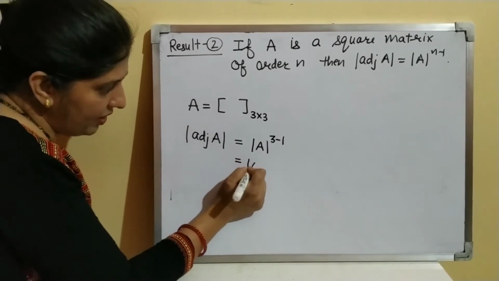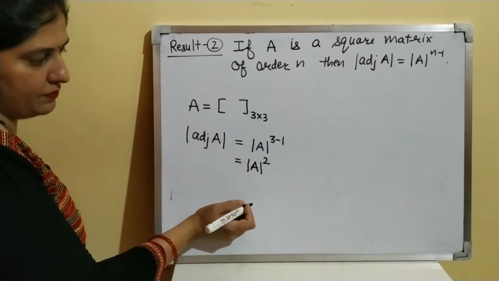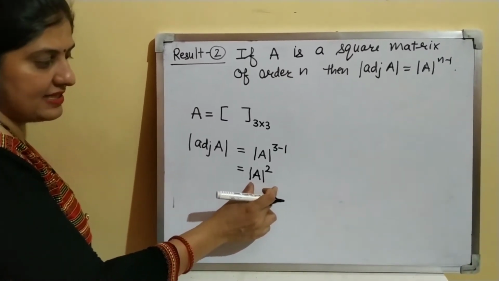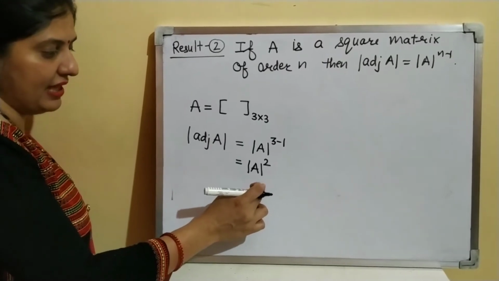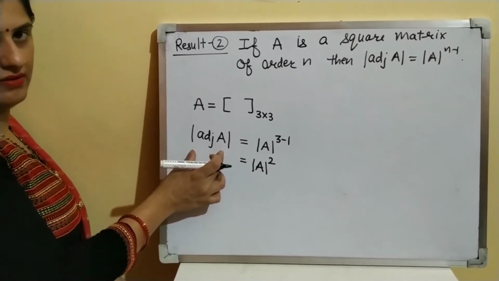We get determinant of A to the power 2. Put the value of determinant of A and simplify it. We get the determinant of adjoint of matrix A.